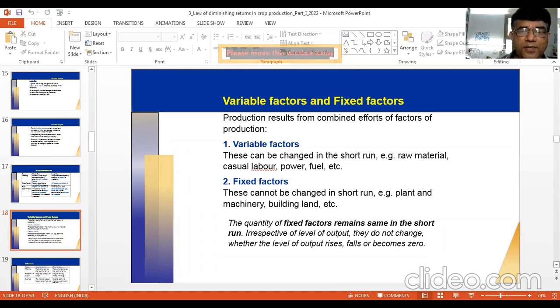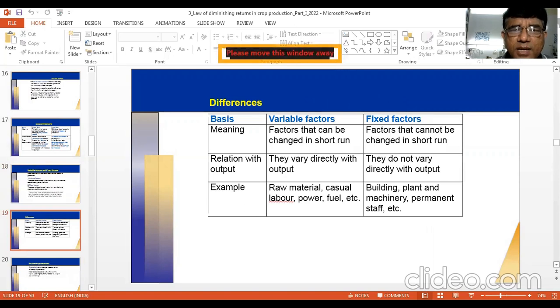They do not change, whether the level of output rises, falls, or becomes zero. So the cost of the fixed factor will always be there. Factors that can be changed in short run are variable factors. Factors that cannot be changed in short run are fixed factors.